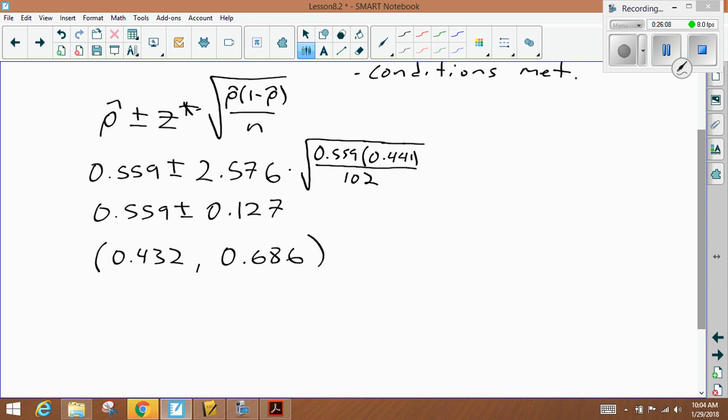Okay. So now we've constructed a confidence interval. It's time to interpret it.